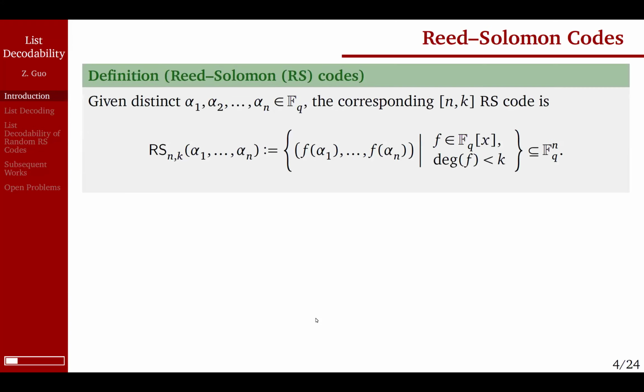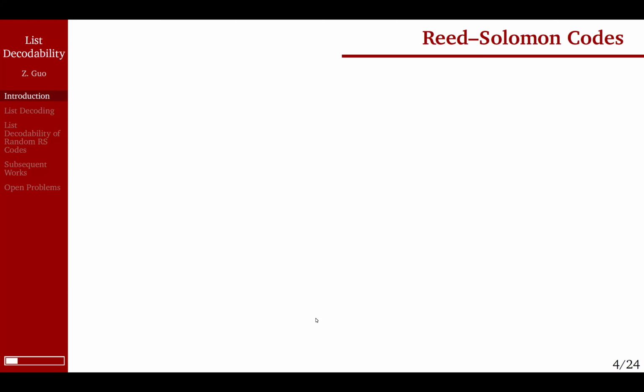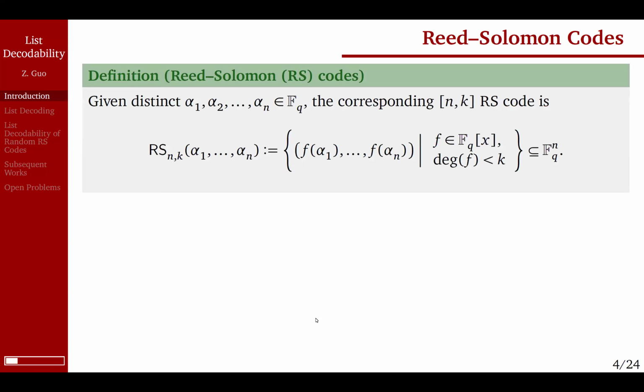So studying this trade-off is a fundamental question. But today we're going to look at something different from unique decoding. Before that, let's first look at a classical family of codes called Reed-Solomon codes. A Reed-Solomon code is defined by evaluating low-degree polynomials at a set of points.